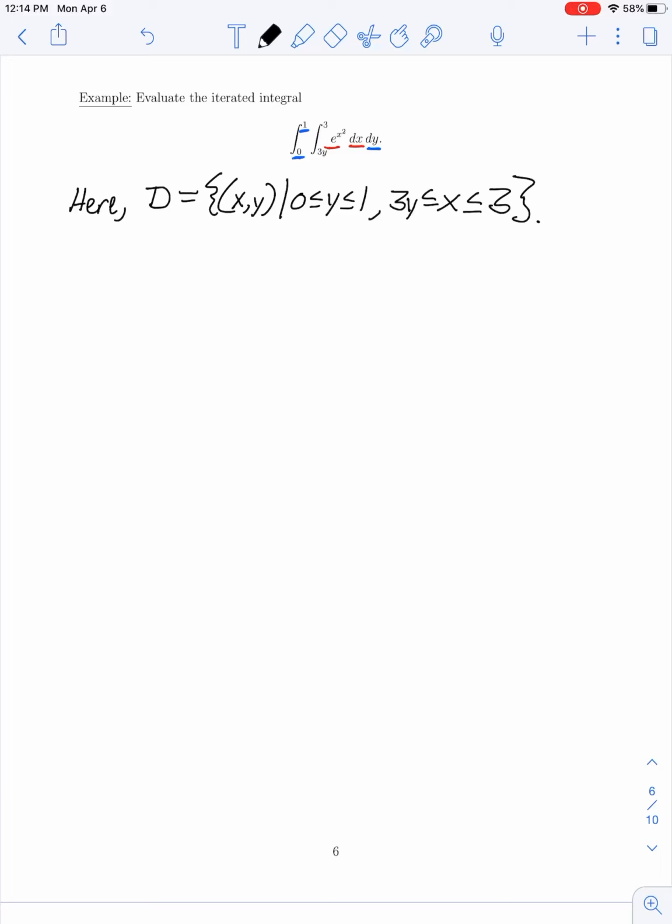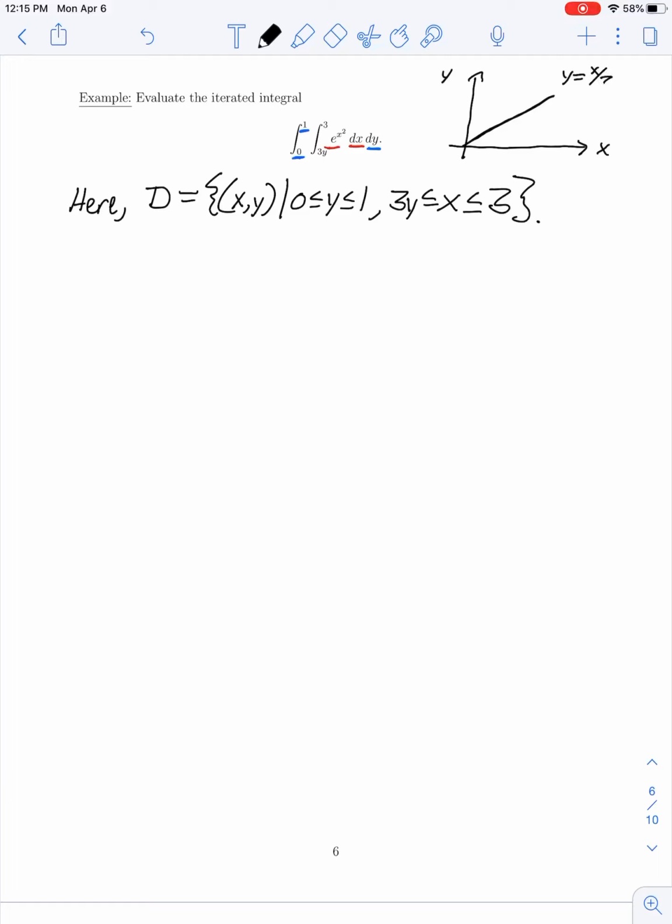In the xy plane, we're looking at the region D, where x is between 3y and 3. If we solve this for y, we have y is less than or equal to 1/3 x, so that would be the line passing through the origin with slope 1/3.